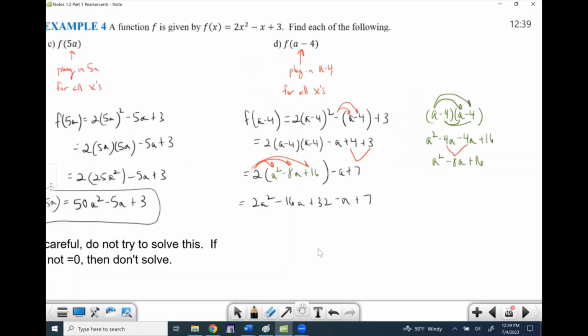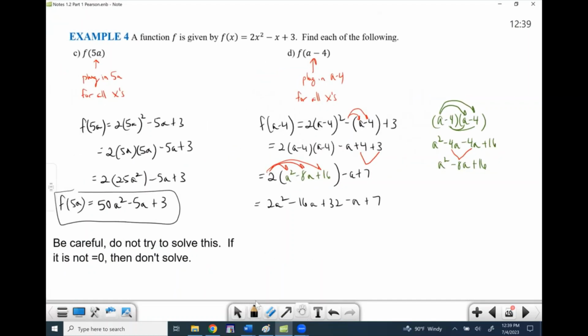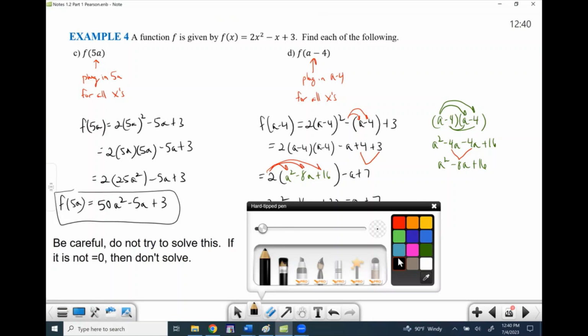Okay. So 2a squared. Well, you know what? Let me write this a little bit further over, you guys. That's my highest exponent. And then we're going to go ahead and combine the a's here, right? We've got a negative 16a minus 1a. That's going to get us negative 17a.